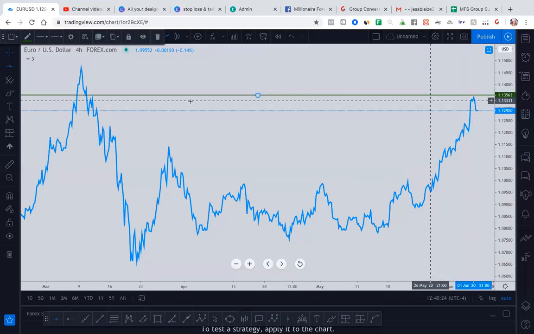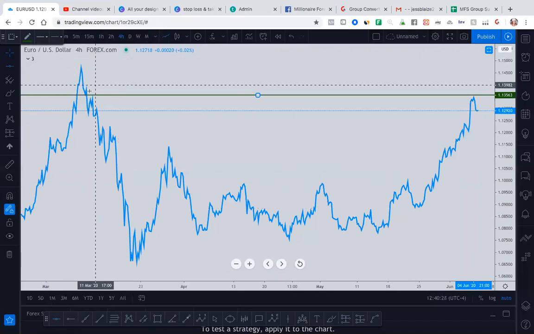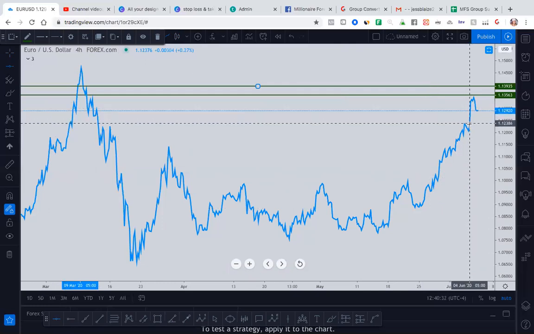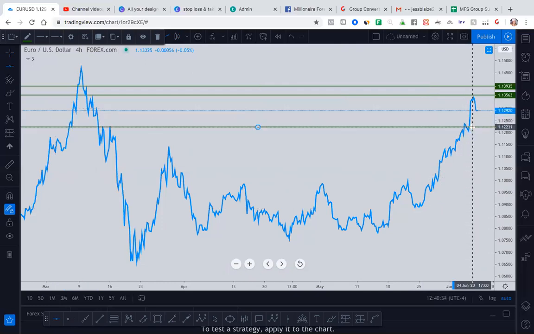So we have one area here that the market likes, and I'm just going to use this recent one right here. And then below, I see there's one right here, and I'm going to probably adjust these a little bit more. You're trying to get as many touches as possible, and you want to see the market respect the trend line.